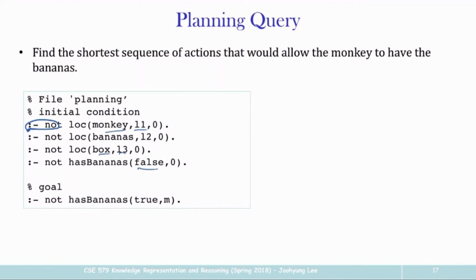So this is the initial state. Now, the final goal state is monkey should have the bananas. It's actually, this should be false and true. I don't know why. This may be a typo that I didn't update. Here, M is actually the maximum step. And this is a placeholder that the user can give. So this is a query that you can make.